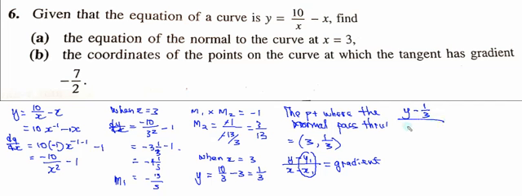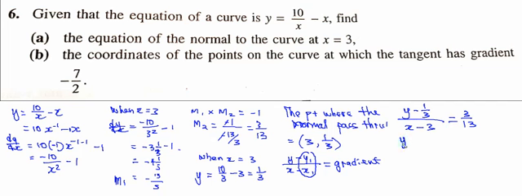okay, x1 is basically 3, and then we have the gradient of the normal, which is 3 over 13. Okay, now, so take this and multiply up here.